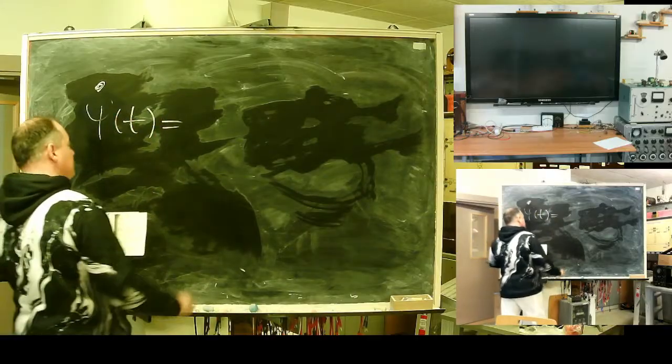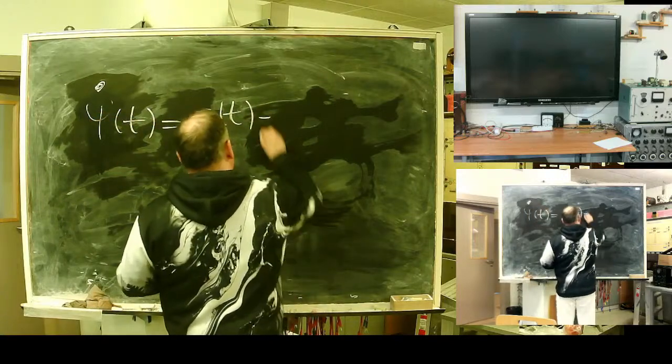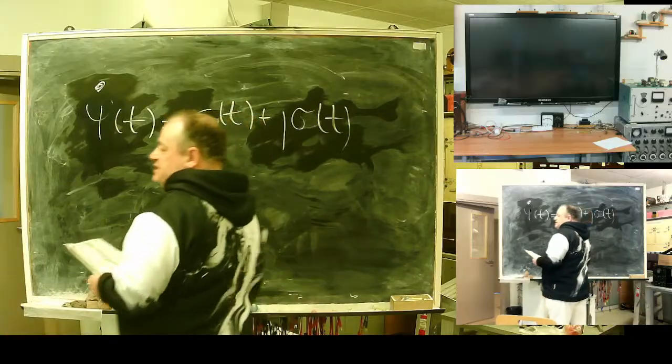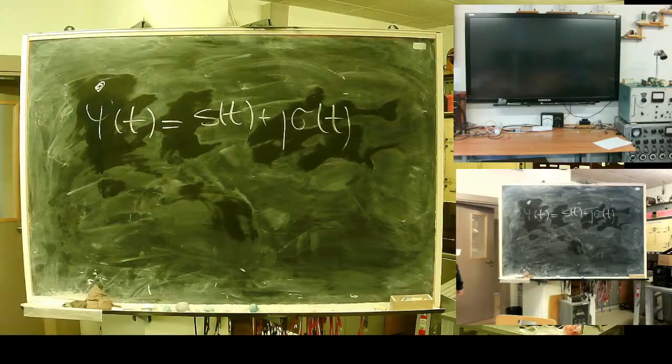The complex representation for any signal is the signal itself plus j times its conjugate.